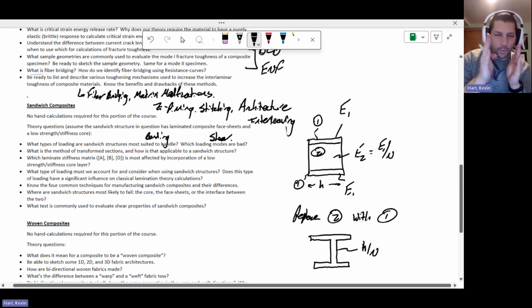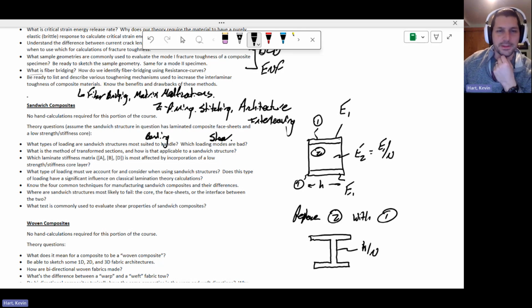Okay? I only need the width of that web to be exactly proportional to the difference in the moduli between the face sheets and the center to get an equivalent mechanics of materials response in bending. So that's really kind of an interesting phenomenon, the method of transform sections.